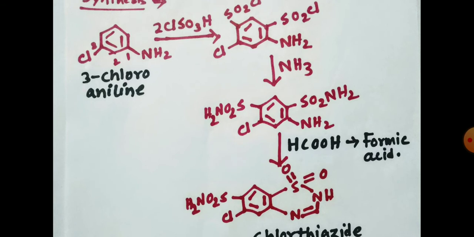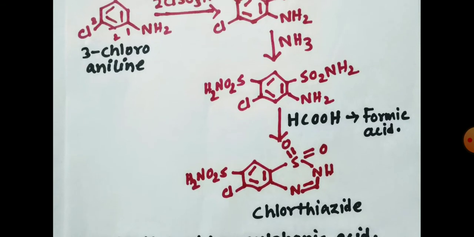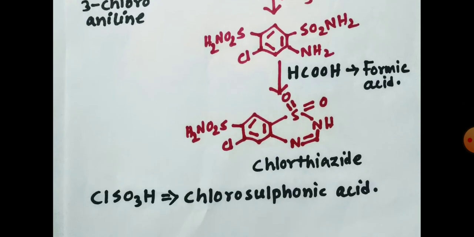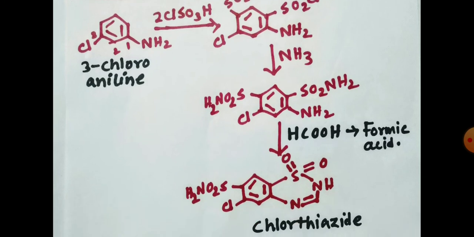Then addition of formic acid gives chlorothiazide. So here we have to remember that when chlorosulfonic acid or ClSO3H is given, there will be addition of a sulfonyl chloride group, SO2Cl, and if NH3 or ammonia is added, an amine group, or NH2 group, will be attached.